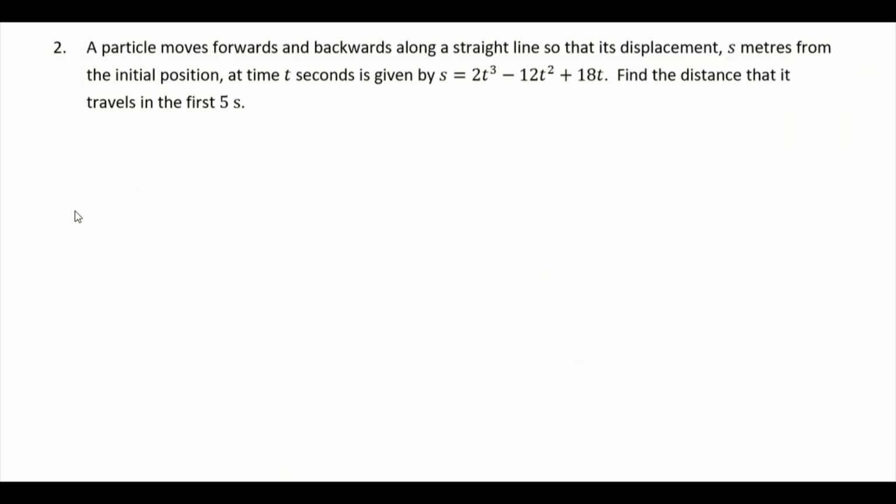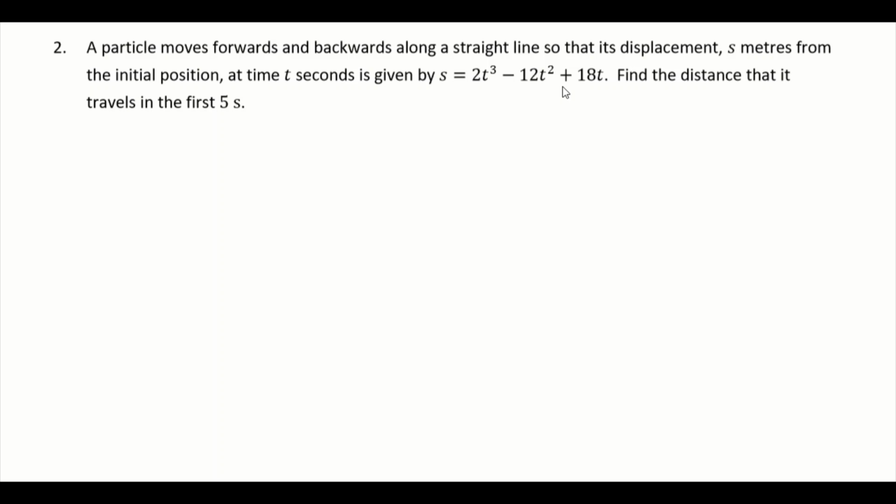All right, number two. A particle moves forward and backward along a straight line so that its displacement s meters from the initial position at time t seconds is given by the equation here. Find the distance that it travels in the first 5 seconds. This question seems easy. Why not straight away substitute t equals 5 into this equation to get my answer?